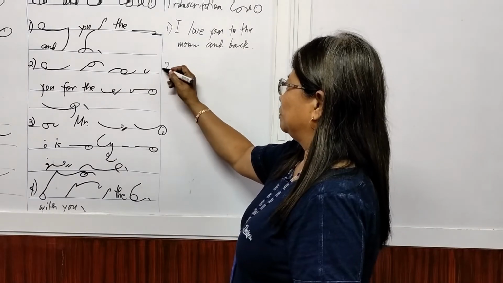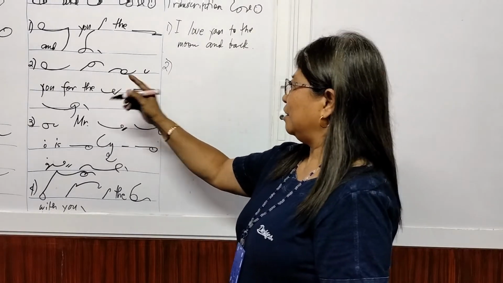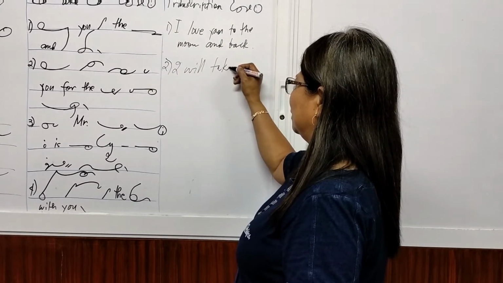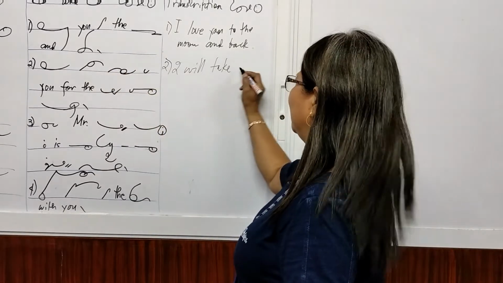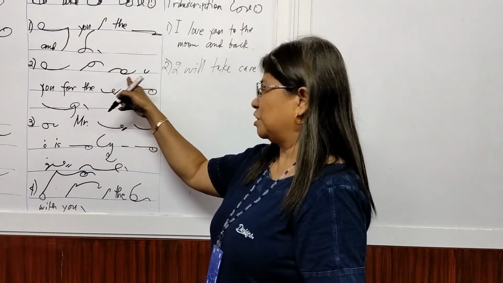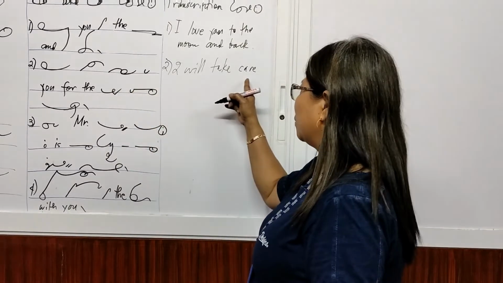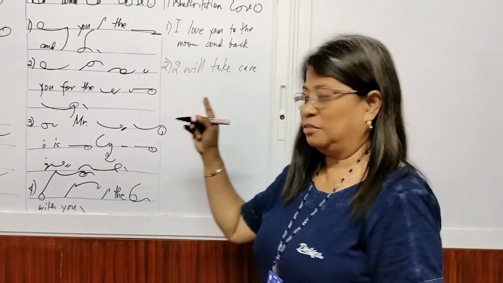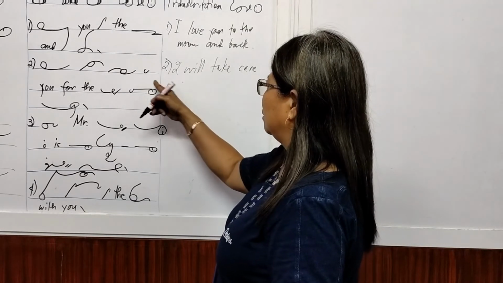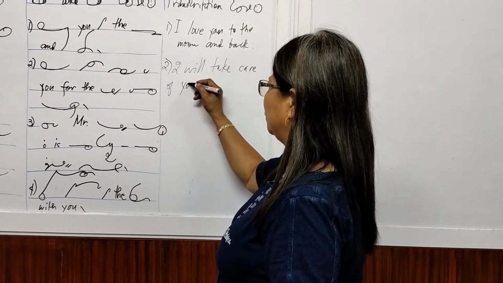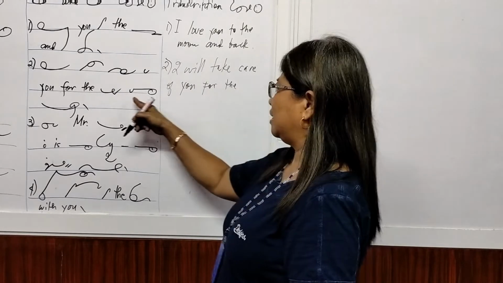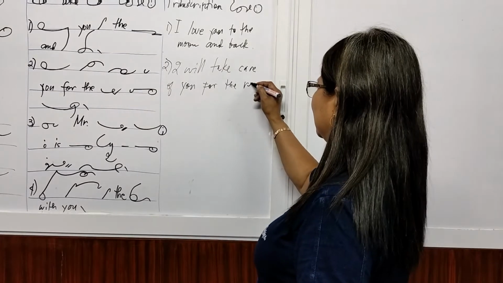And then number 2. It says I will take, T-I-K, care. I will take care. But you can also read this as car. But is the word correct if you're going to make use of car? Of course it's not. So, take care of you for the R-E-S-T, that is rest.